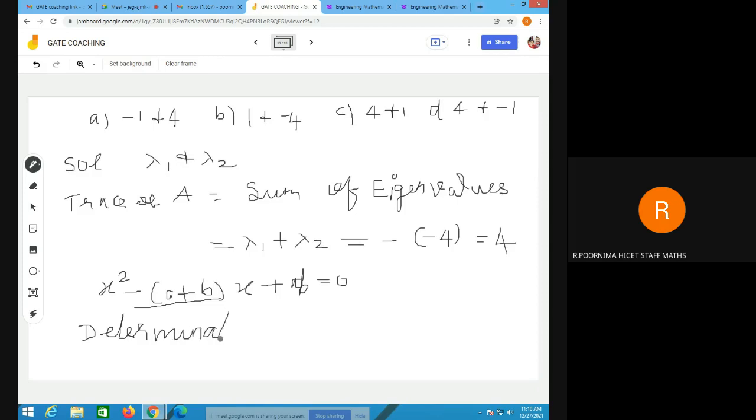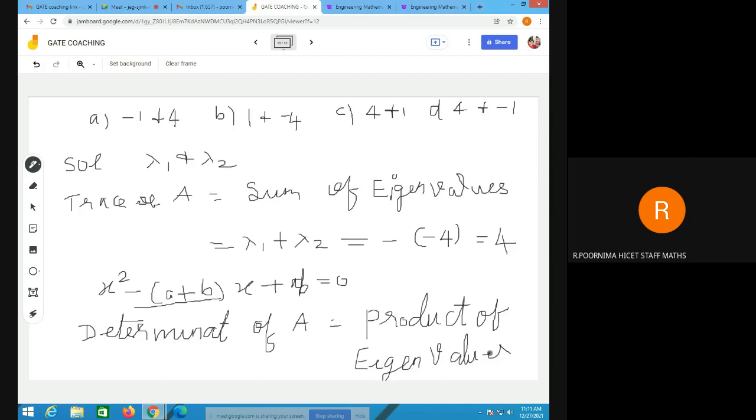Determinant of A is equal to the product of eigenvalues, lambda 1 into lambda 2.